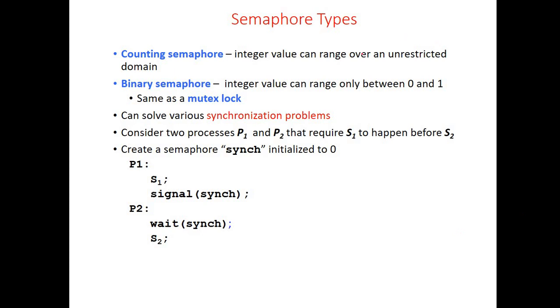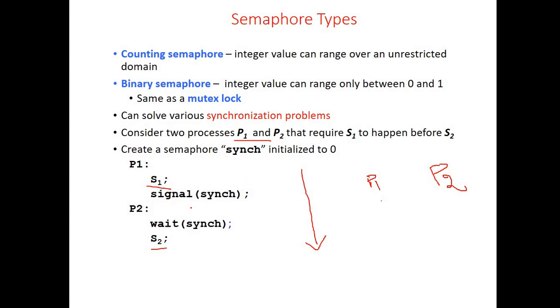Now let us examine how to synchronize two processes P1 and P2. Here the requirement is that the statement S1 in process P1 must be executed before the statement S2 in the P2 process. So we want to control the execution flow of these two processes by making use of the semaphore functions, that is signal and wait.